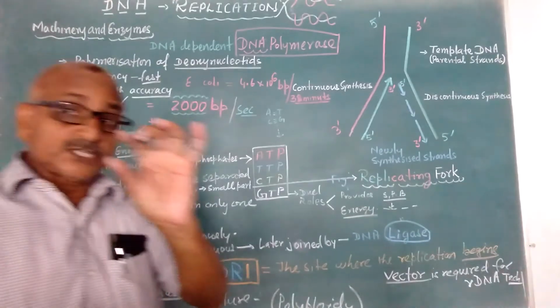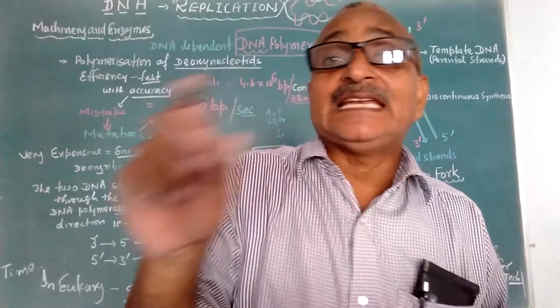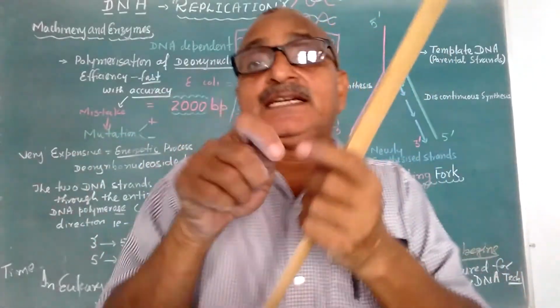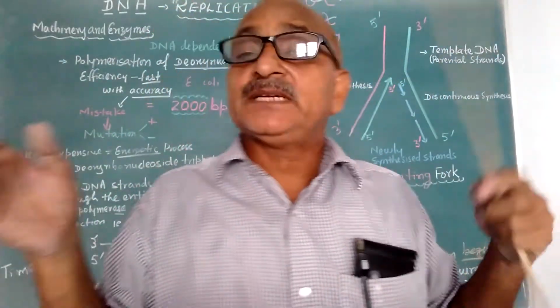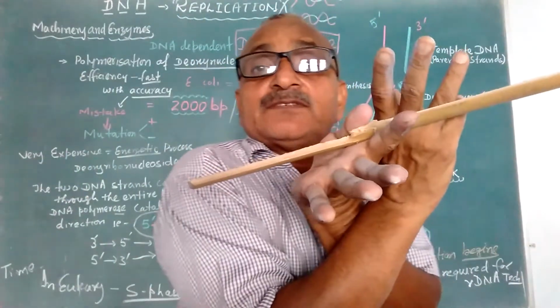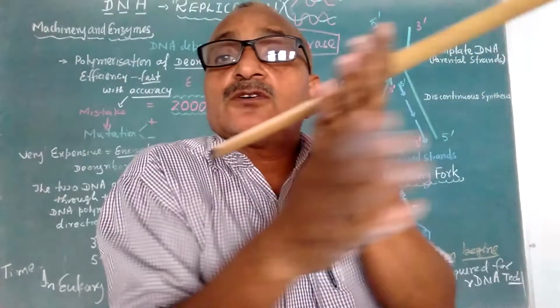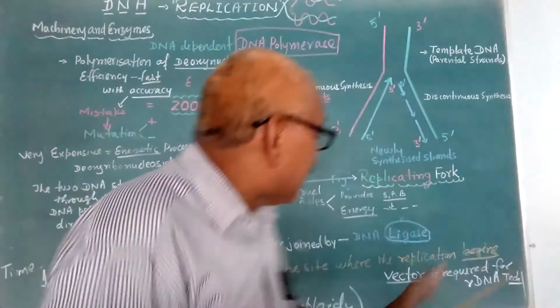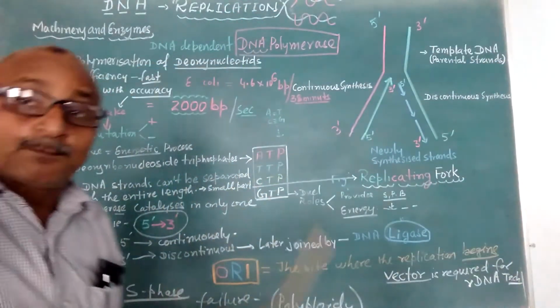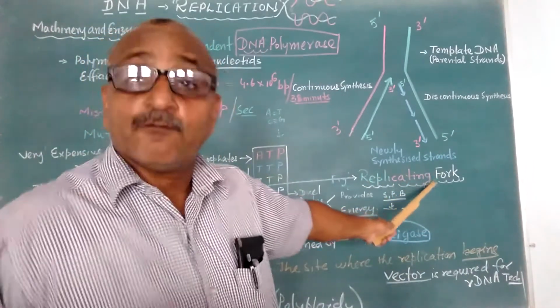The portion where they separate, with the help of the enzyme helicase, is where separation begins. It unwinds the DNA thread, which is wound around one another and held by hydrogen bonds. Now it gets separated, and the portion where it gets separated is known as the replicating fork.